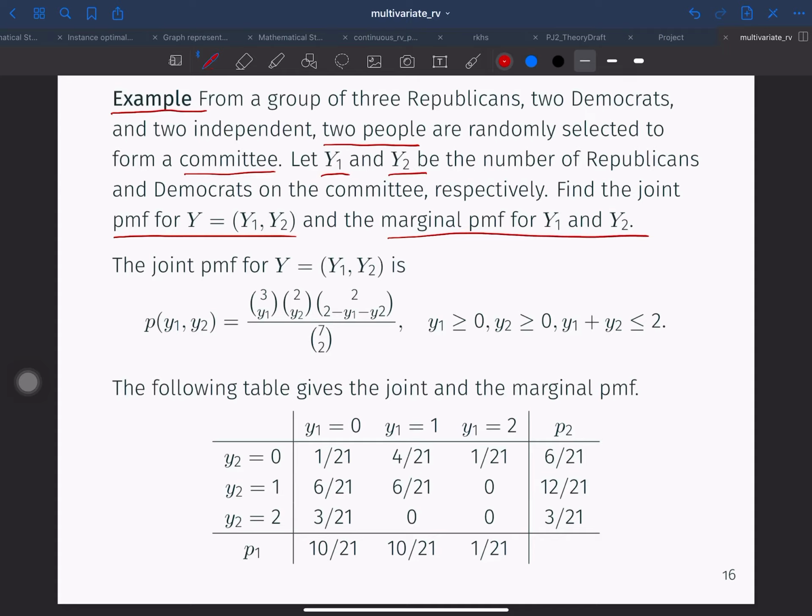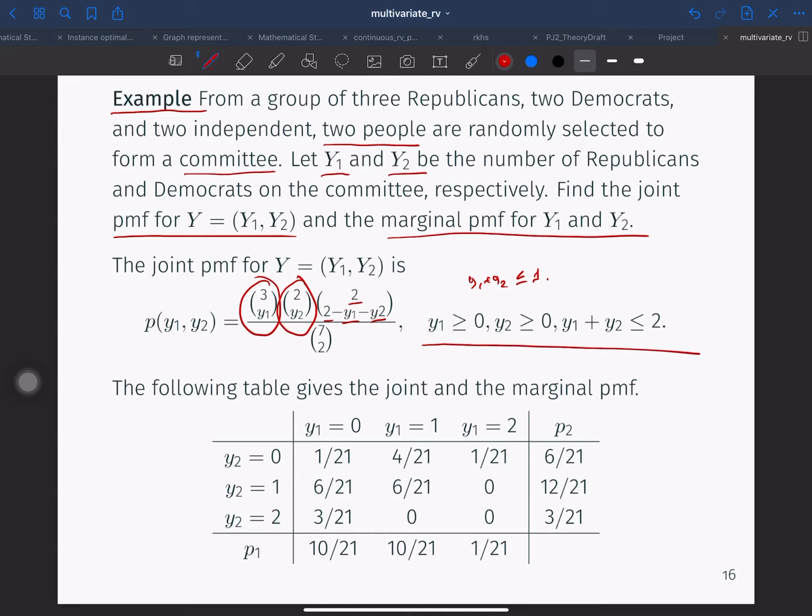The joint PMF for Y looks like a hypergeometric, but it's not exactly. In any case, you can choose the Republicans in (3 choose y1) ways, the Democrats in (2 choose y2) ways, and then among the remaining 2 independents, you can choose the remaining committee member, assuming that y1 plus y2 is less than or equal to 2. So in that case, we have this as the joint PMF.